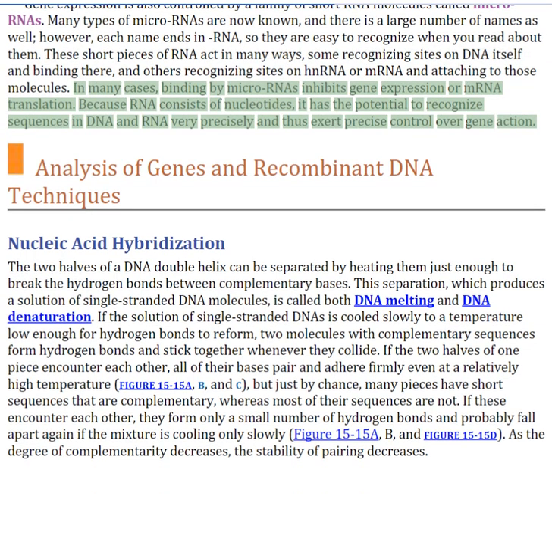In many cases, binding by microRNAs inhibits gene expression or mRNA translation. Because RNA consists of nucleotides, it has the potential to recognize sequences in DNA and RNA very precisely and thus exert precise control over gene action.